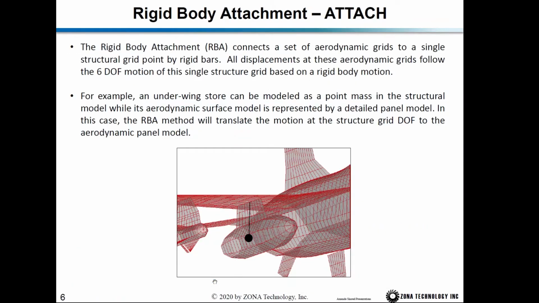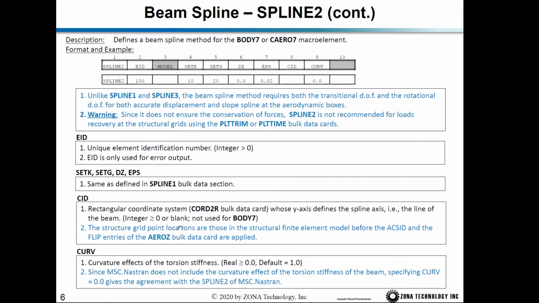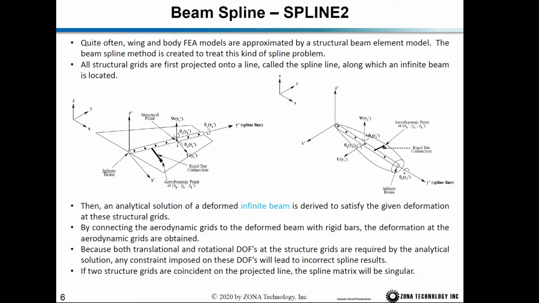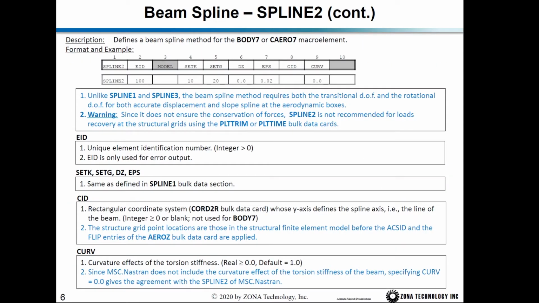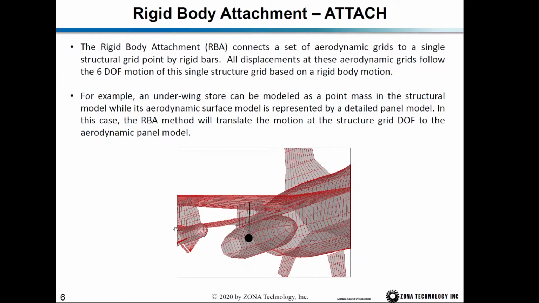But the one thing we have to be careful about is that if you use spline 1 and spline 3 to do the force transferal, the conservation of forces is guaranteed. But this is not the case for the beam spline. If you use the beam spline for force transferal, the conservation of the force is not guaranteed.